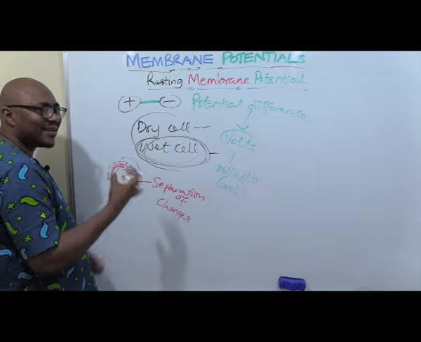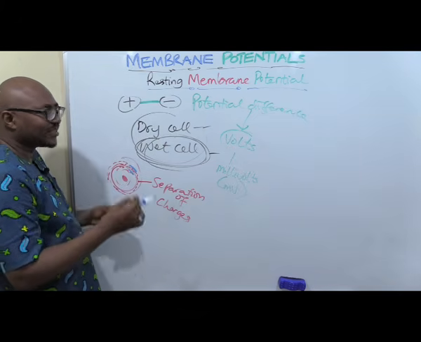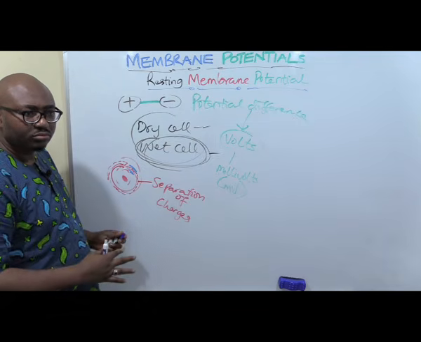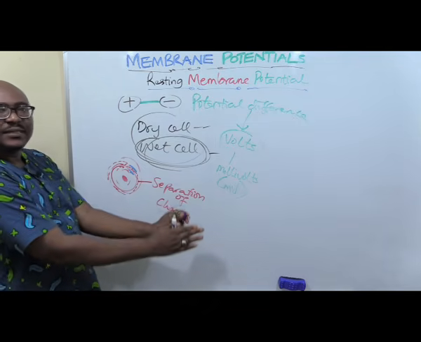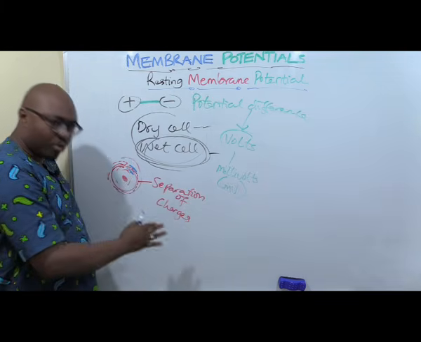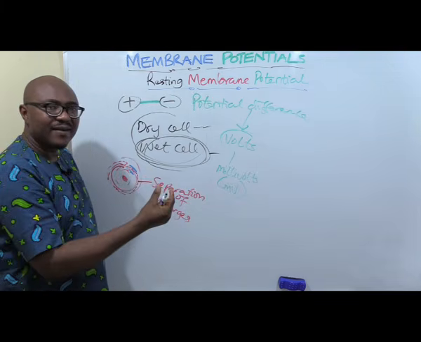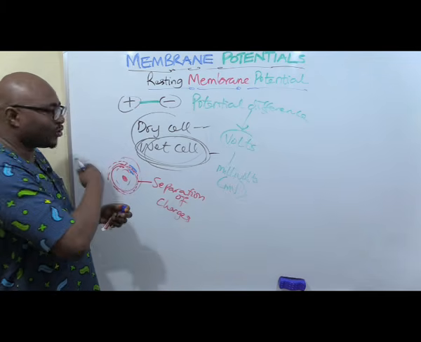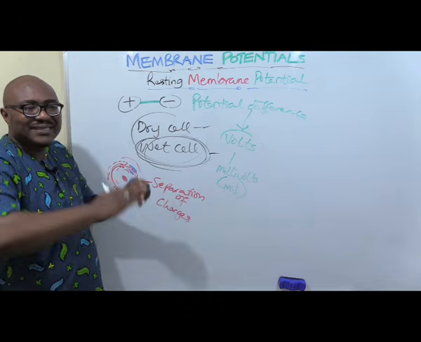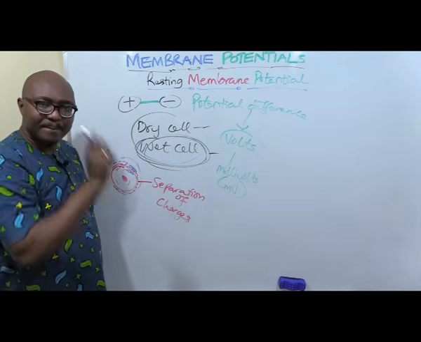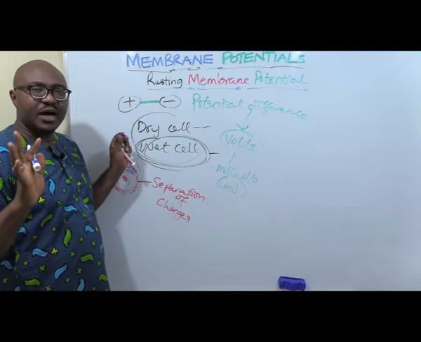Okay, so it generates a potential difference which is known as the membrane potential. So when this cell, more specifically the nerve cell, is not doing anything, the charges are not flowing. When it's at rest, it is known as the resting membrane potential.